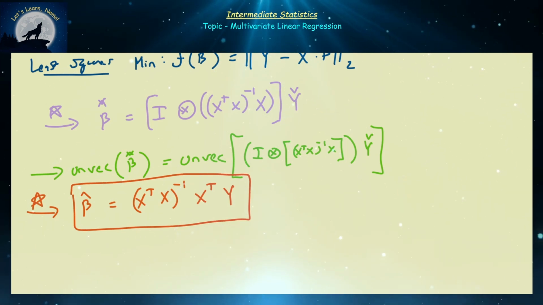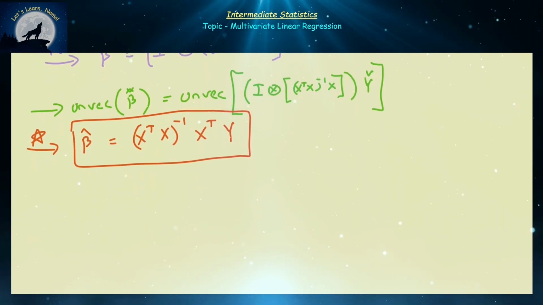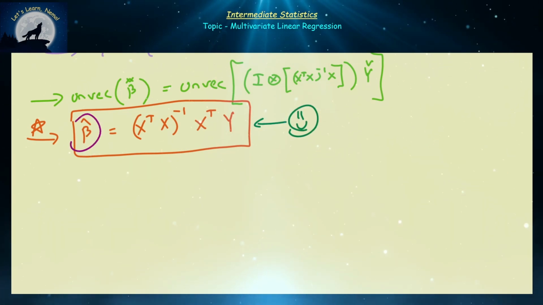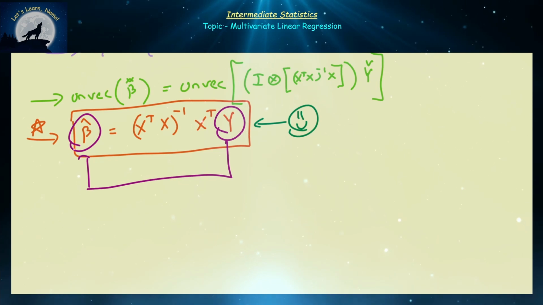Now, this exercise is not super trivial to prove, but it is indeed true. If you remember the formula for the multiple linear regression univariate case, it's the same formula as before. The only difference is this is not a vector, it's a matrix. This also isn't a vector, that's a matrix as well.